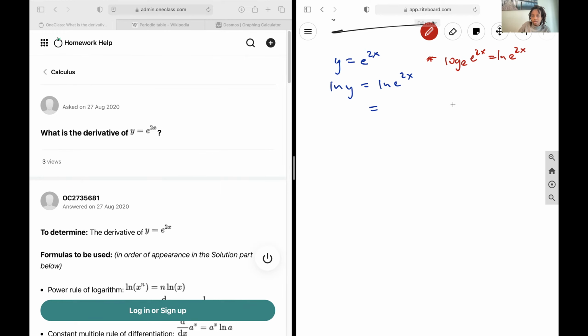Additionally, we need to note that log base a of a is equal to 1, and log base a of b to the power of c is equal to c multiplied by log base a of b.